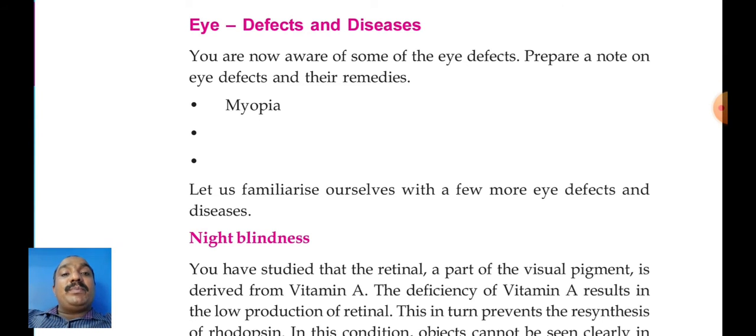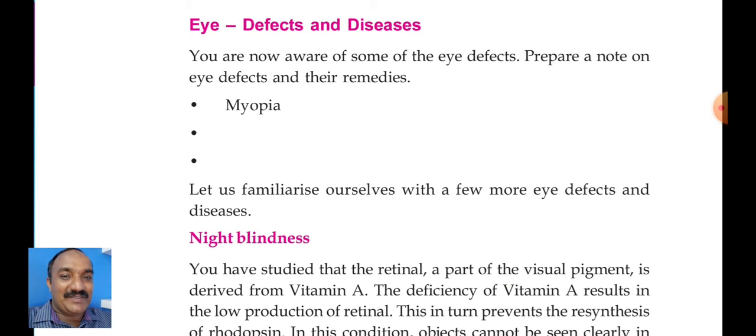It was hypermetropia. Hypermetropia means long-sightedness, just the opposite of myopia, so the symptoms and all other things will be opposite.